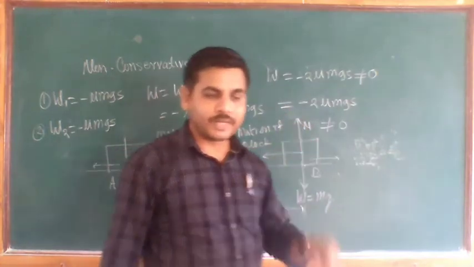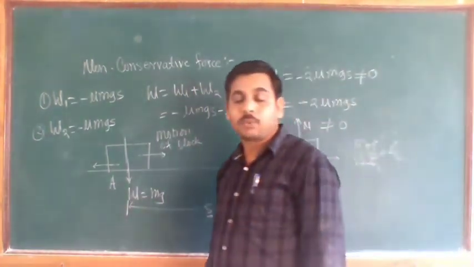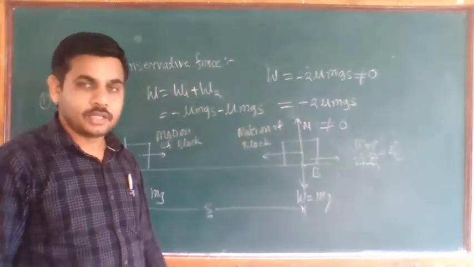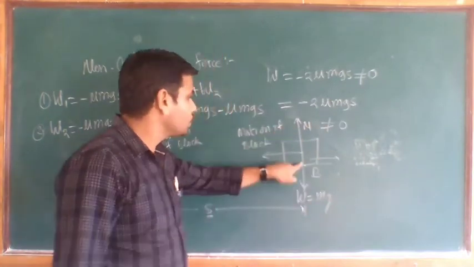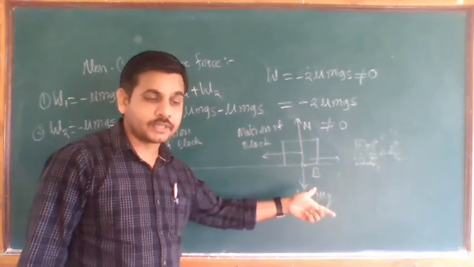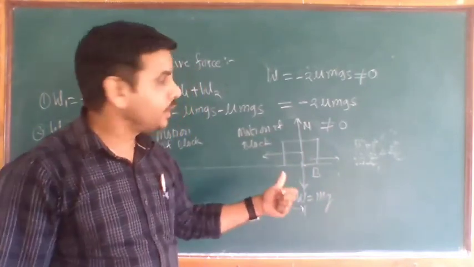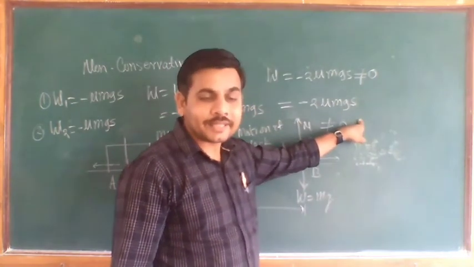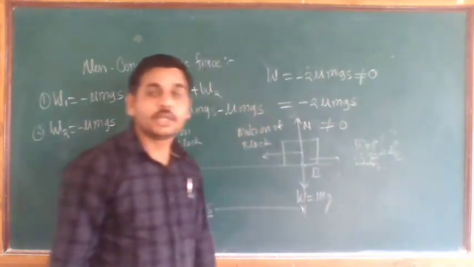So from our definition, the work done by the force of friction between the block and the rough surface in the round trip journey will be minus 2 mu mgs, which is not equal to 0.